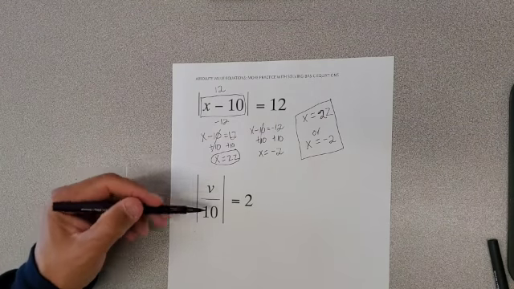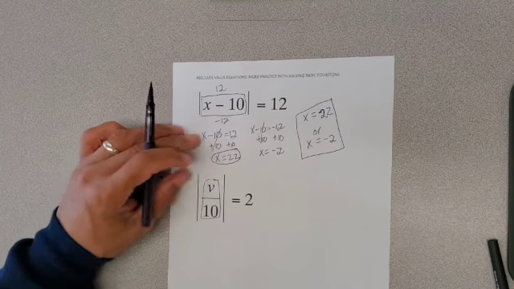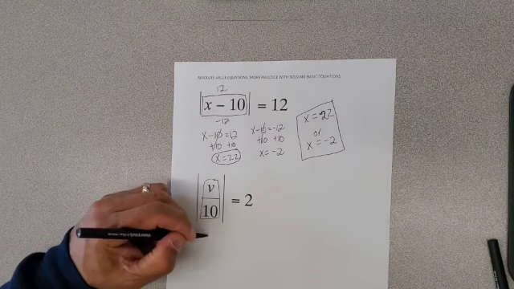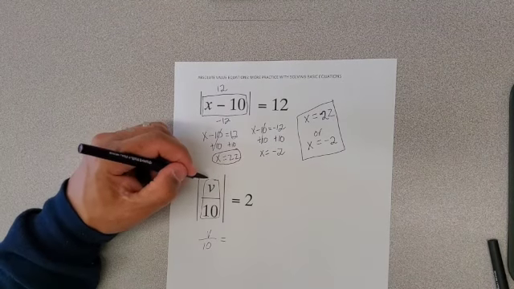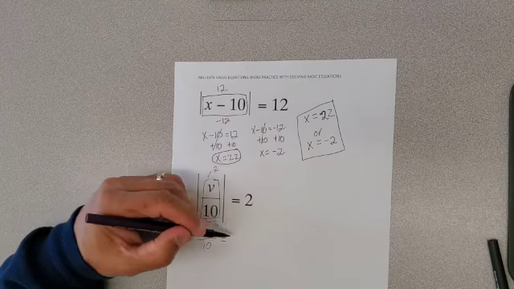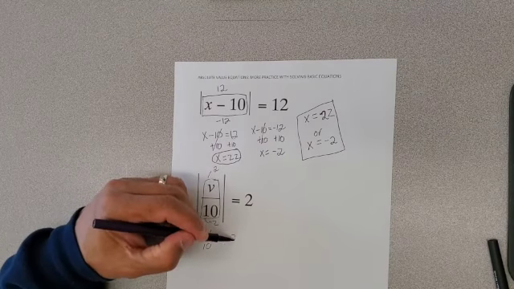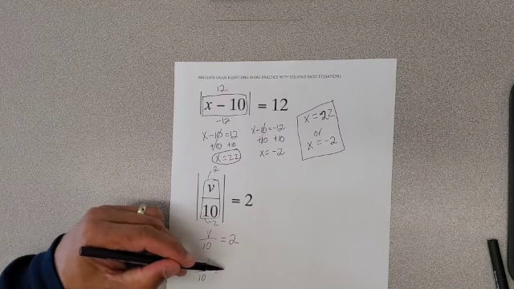We'll do a similar thing here. Notice everything inside of this bar, the x over 10, whatever the result here, it can either be a 2 or a negative 2, and so I can set up the two solutions. So we can put x over 10 equals 2, and x over 10 equals negative 2.